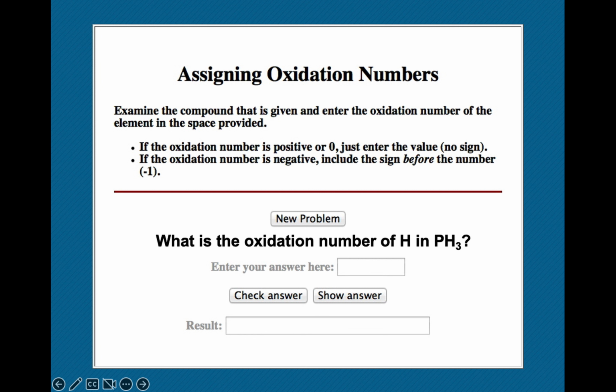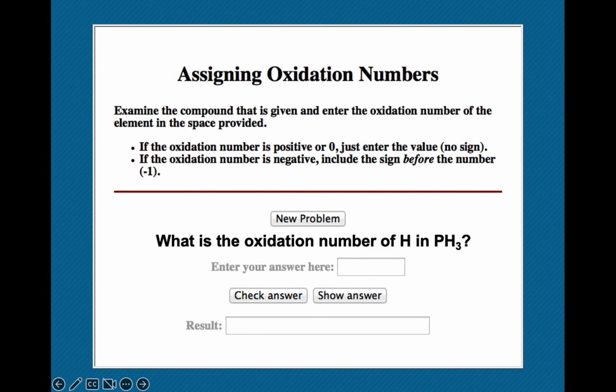Hydrogen in PH3. Well, phosphorus is here, it's a nonmetal. So is hydrogen. The phosphorus bonded to the hydrogen, just like the hydrogen bonded to an oxygen was +1, this hydrogen will also be +1.